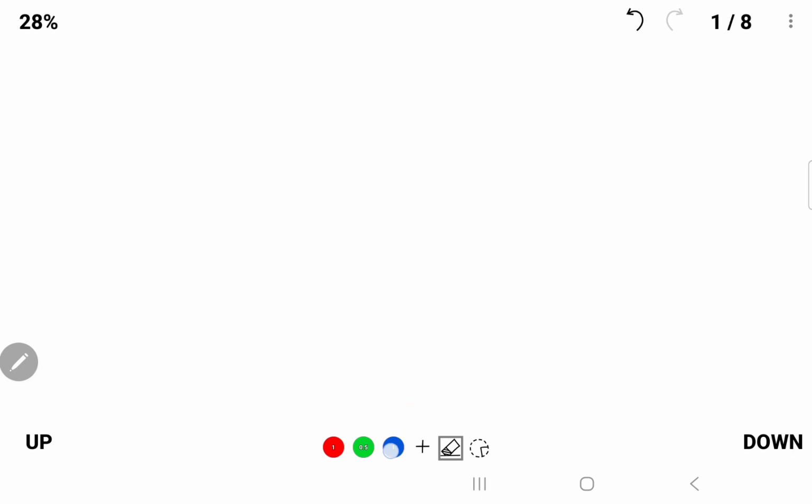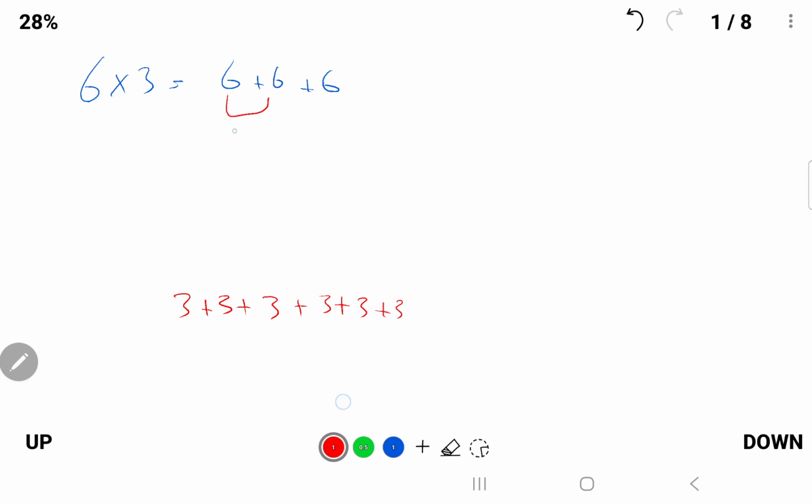Now let's say if you have 6 times 3. 6 times 3 is equal to 6 plus 6 plus 6, or 3 plus 3 plus 3 plus 3 plus 3 plus 3. So 6 plus 6 is equal to 12, plus 6 is equal to 18.